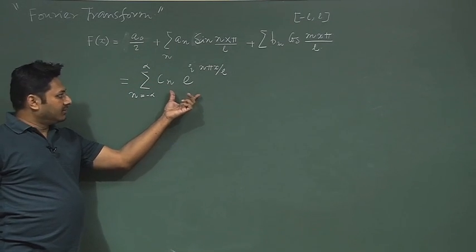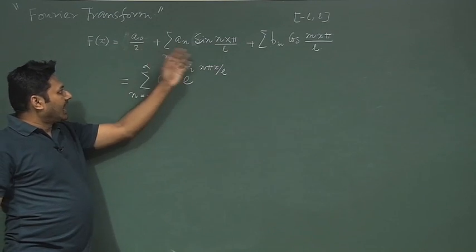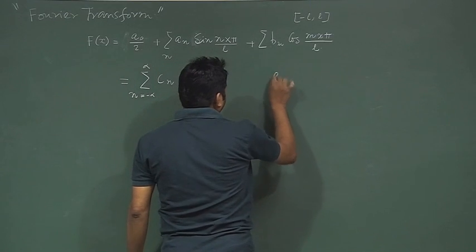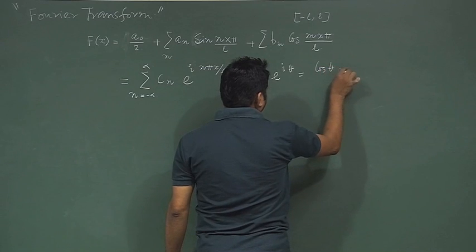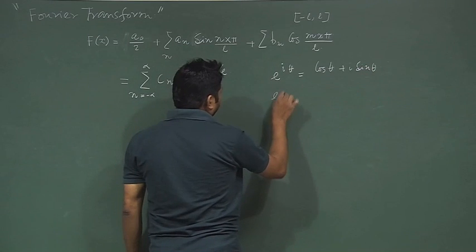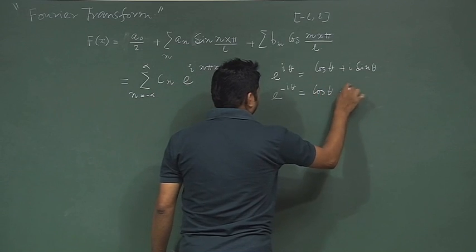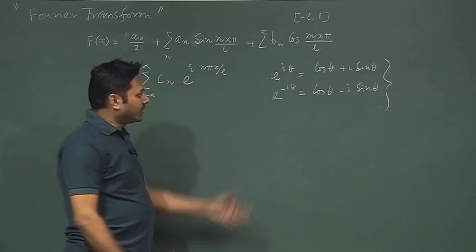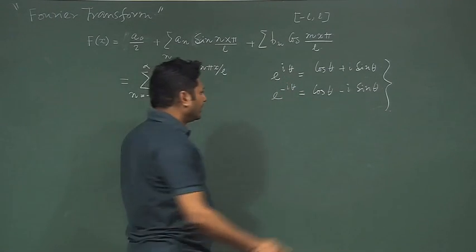You can understand quite easily why these are the same, because I just replace sine and cosine. You know, e to the power i theta is equal to cos theta plus i sin theta, and e to the power of minus i theta is cos theta minus i sin theta. From these two expressions, I can always write sine and cosine in terms of e to the power i theta and e to the power of minus i theta.